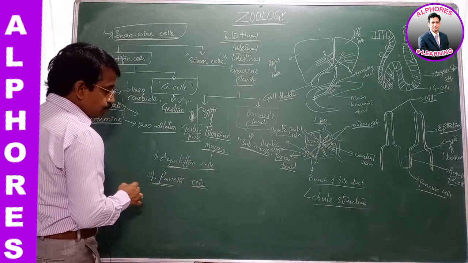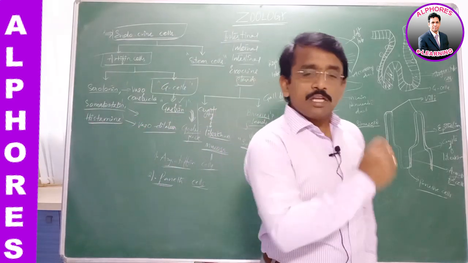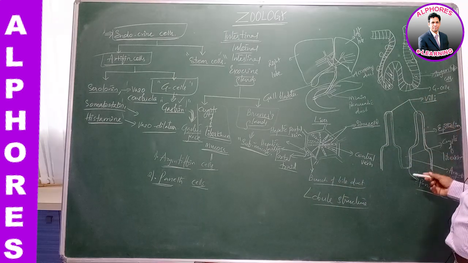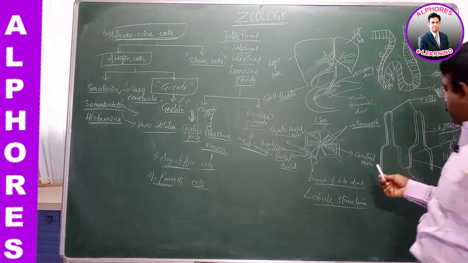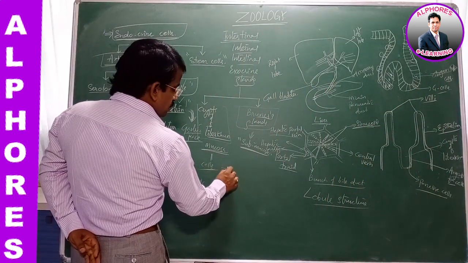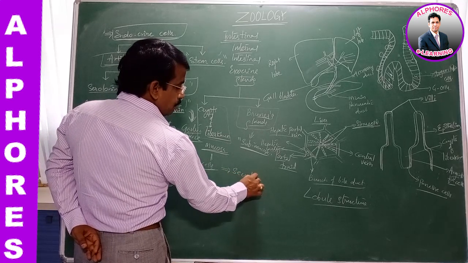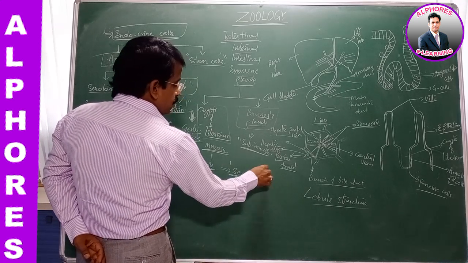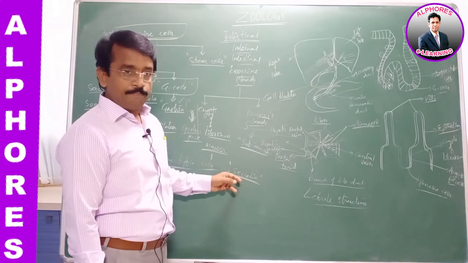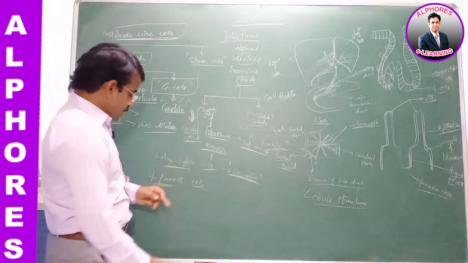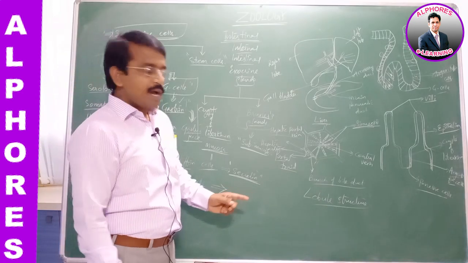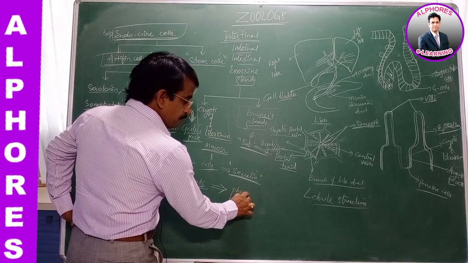Argentaffin cells are present at the base of the villi. Generally, these argentaffin cells secrete the hormone named secretin. Secretin is a hormone. We consider the first hormone to be found is secretin itself, which is from argentaffin cells. And the Paneth cells are phagocytic cells.